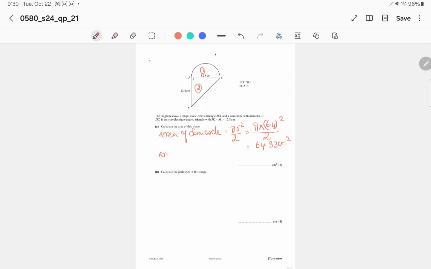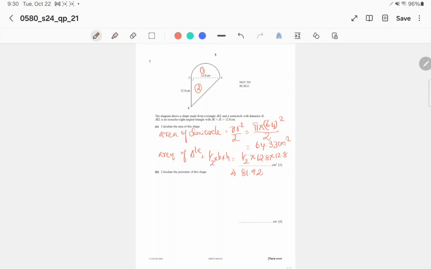The second is the area of the triangle: half into base into height. So half into base 12.8 into the vertical height 12.8. So the answer is 81.92.